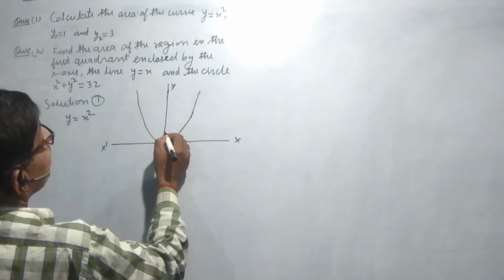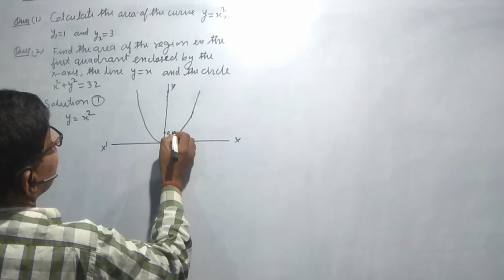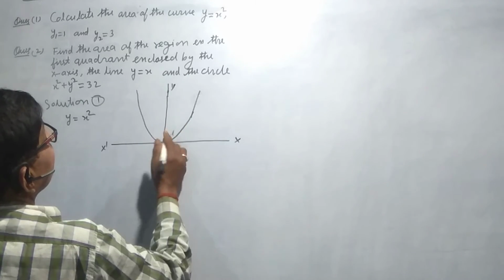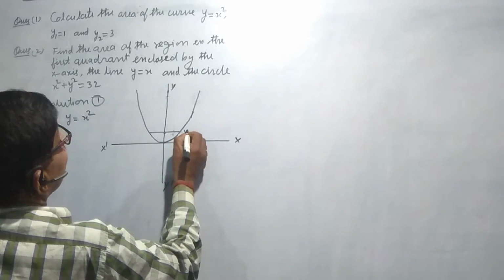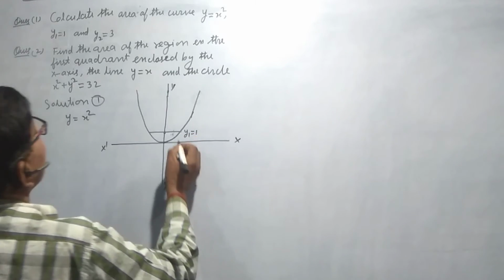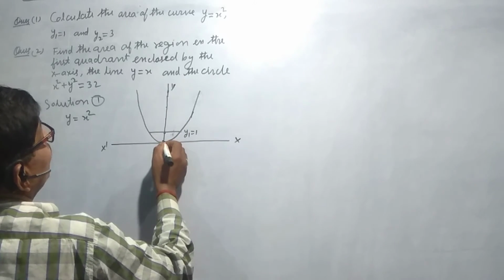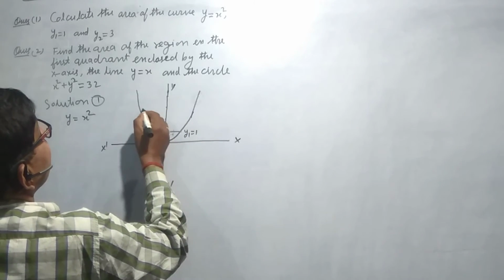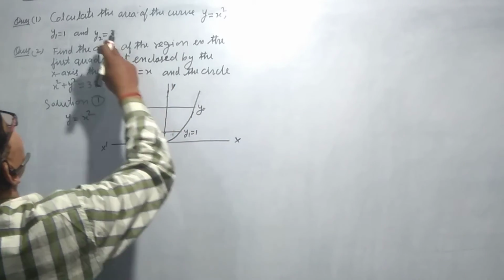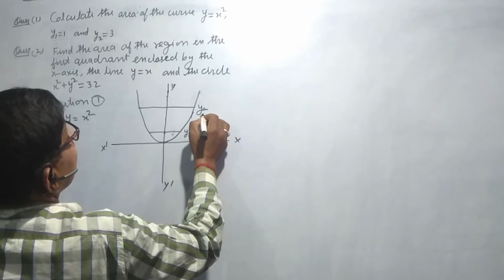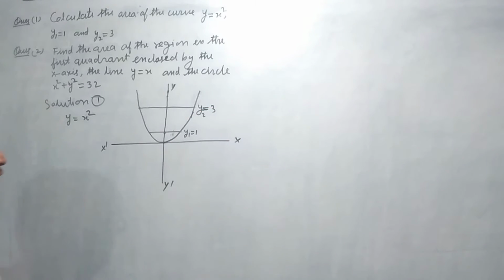Here we take 0 and 1. Then 1, 2, 3, this is y2 equal to 3.